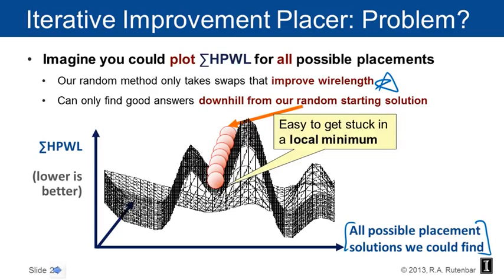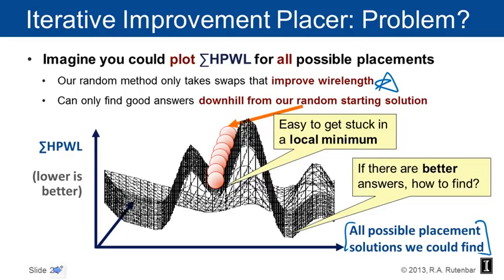These kinds of random iterative improvement techniques that only take changes to the layout that make the layout better, which is to say have less half-perimeter wire length, easily get stuck in local minima. And the problem is that there are lots of better answers. There are lots of less bad local minima and better, higher quality, smaller wire length global minima, but I don't know how to find them.